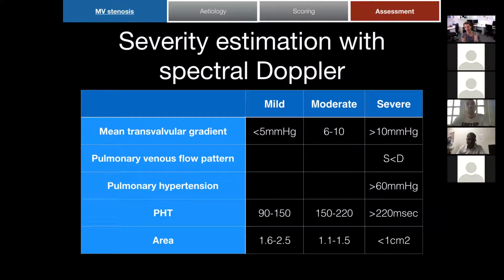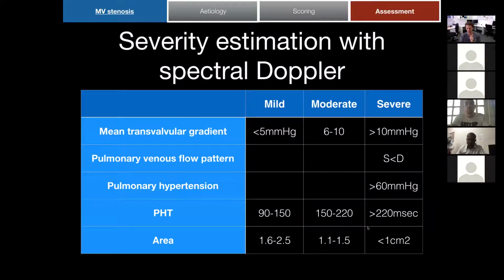Obviously, if someone's got a bad RV, you can have pulmonary hypertension, but the pressures would be less. If you've got someone who's got a hyperdynamic RV, those pressures might actually be overestimated. Do you see what I mean? Yeah. So I think if we say significant pulmonary hypertension is what we'd see, 50 or 60 is not an unreasonable cutoff, right?